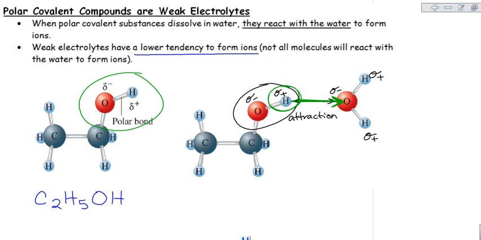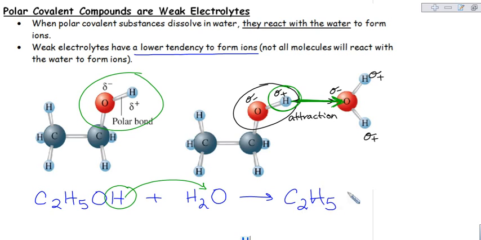If that happens, an equation might look something like this. Plus water. On the product side, this hydrogen is being removed and attracted to the oxygen end of the water molecule. So all you're left with from the original compound is C2H5O, and then instead of water it becomes H3O.